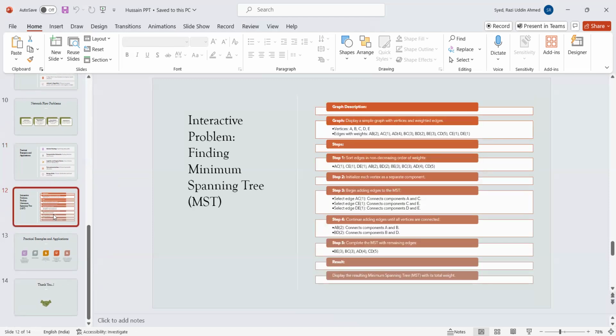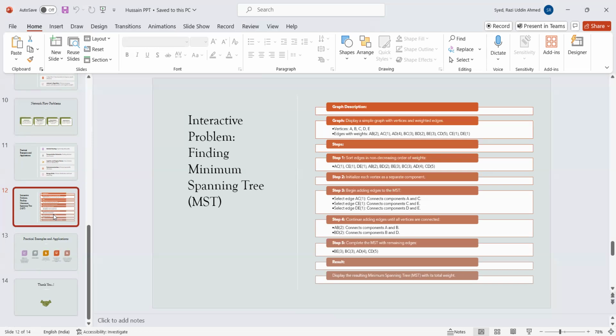Interactive problem: finding the minimum spanning tree, MST. So we have vertices A, B, C, D, E, with edges with weights representing connections and their costs. There are steps to find the MST. First, sort edges: we arrange the edges by their weights.